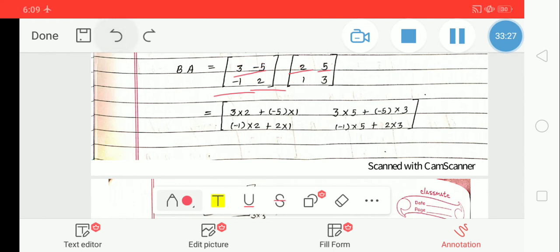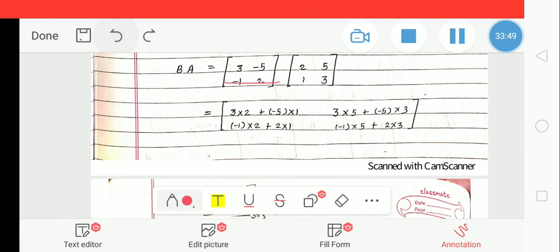Then again take first row and second column. 3 multiplied by 5, minus 5 multiplied by 3. Now second row and first column. So minus 1 multiplied by 2, 2 multiplied by 1. Now second row and second column. Minus 1 multiplied by 5, 2 multiplied by 3.